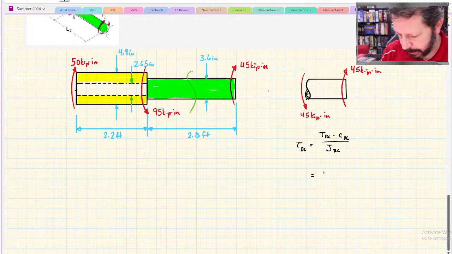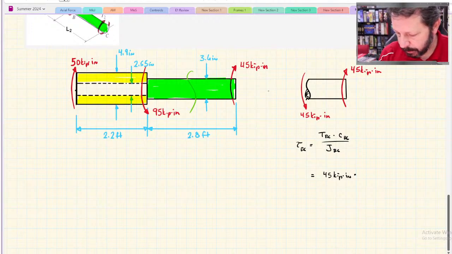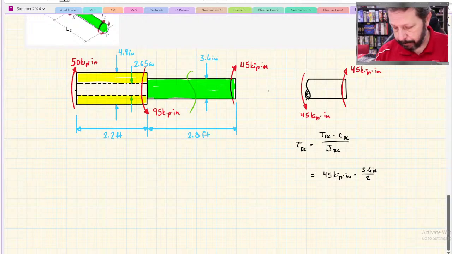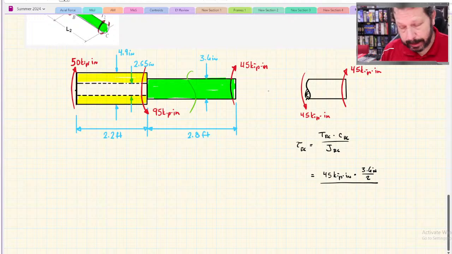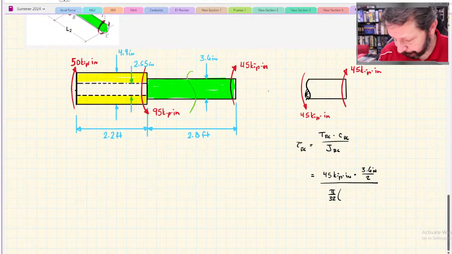So the torque we just found is 45 kip inches. Remember that kip means 1,000 pounds, so this is 45,000 inch-pounds. C is the radius, so it's going to be the 3.6 inches, but that's a diameter, so divide by 2. J, it's a solid rod, so that's pi over 32 times outer diameter to the 4th.